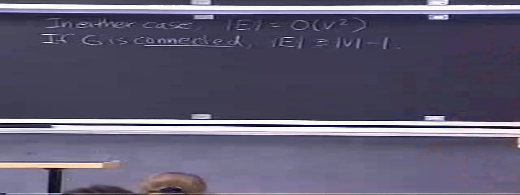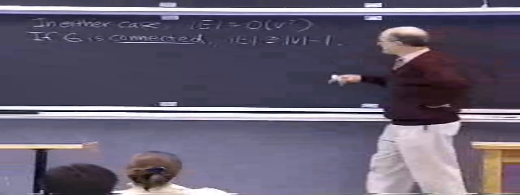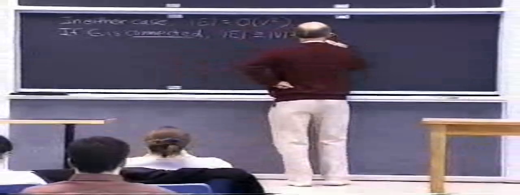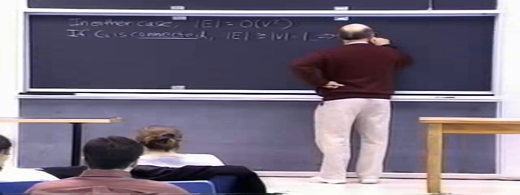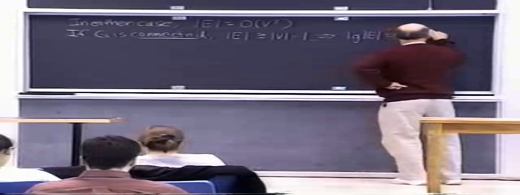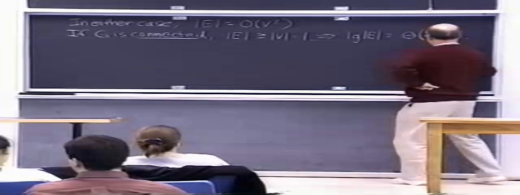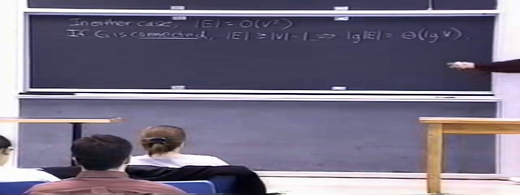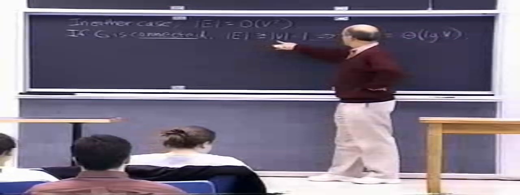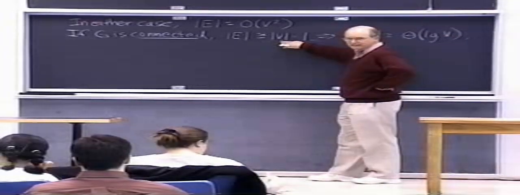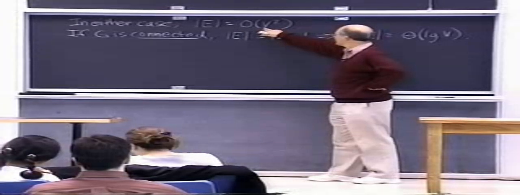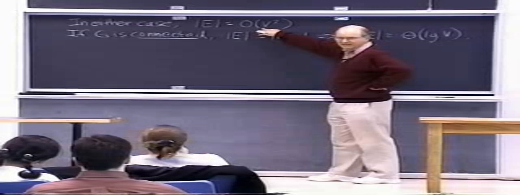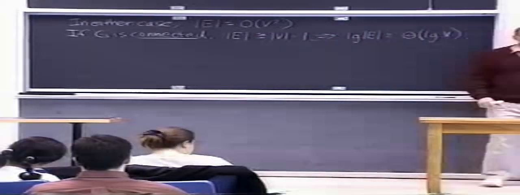And one of the ways we're going to use these two facts together is that in this case, the log of the number of edges is equal to theta of log of the number of vertices. Because the number of edges is essentially going to go between slightly less than log V to basically a constant times log V, because log V squared is 2 log V.